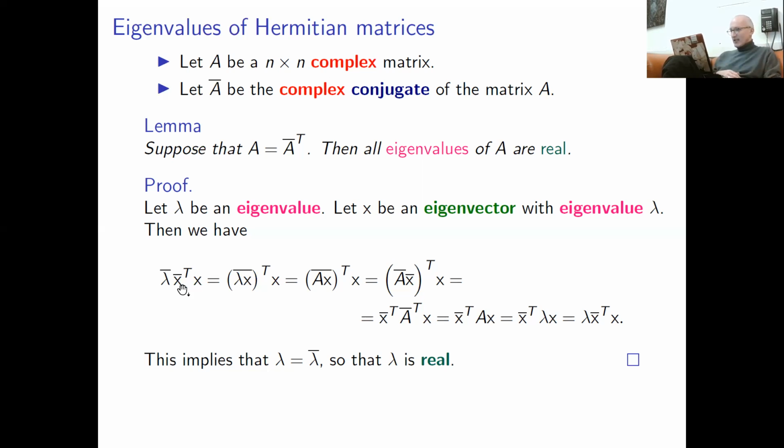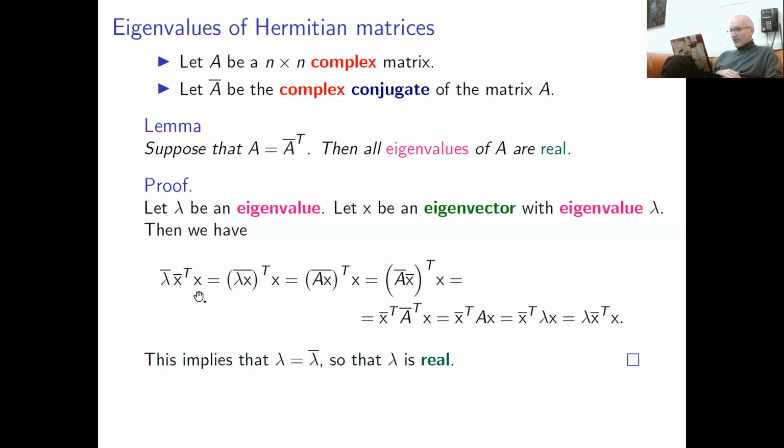So you replace this by this. And now you compare the left side and the right hand side, and you see that they are almost identical. The only difference is that on the right hand side you have lambda, on the left hand side you have lambda bar, complex conjugate of lambda.